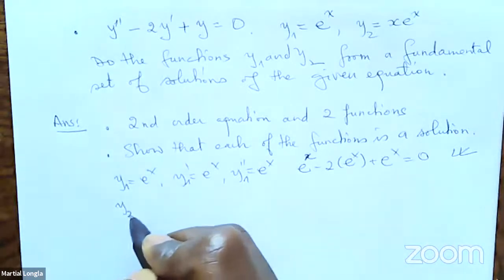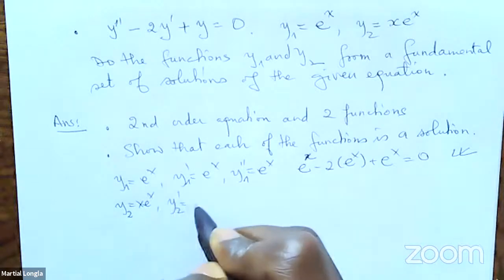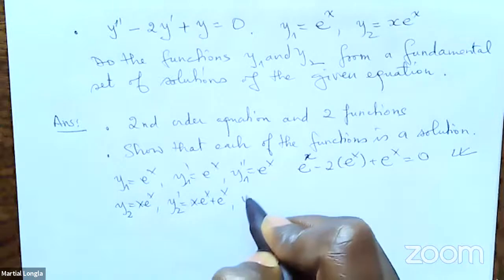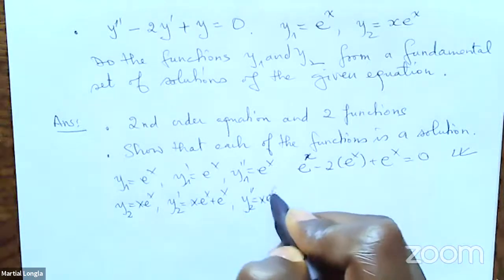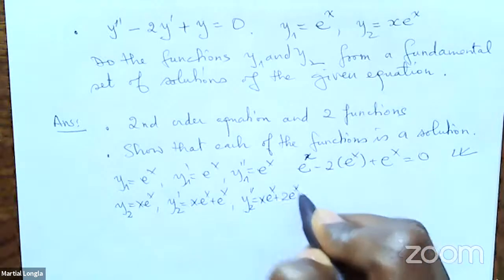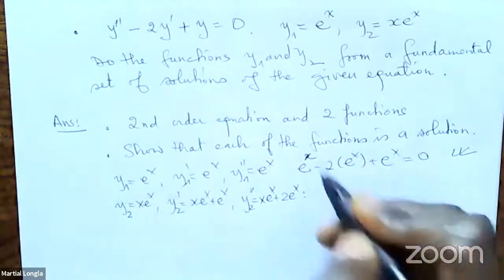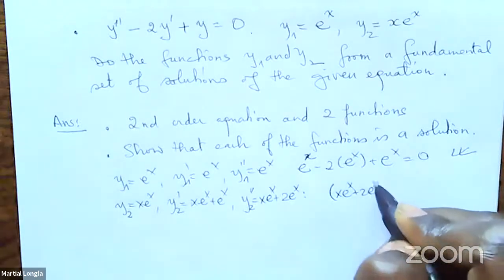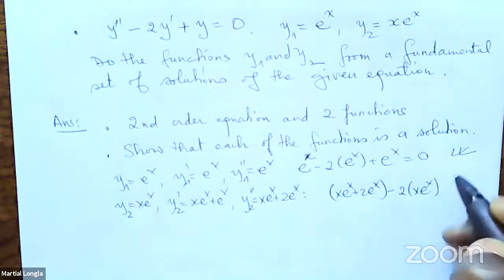If you take y2, that's x e to the x. y2 prime is x e to the x plus e to the x. And y2 second derivative is x e to the x plus 2 e to the x. And then you plug them in. x e to the x plus 2 e to the x minus 2 times x e to the x plus e to the x, plus x e to the x.